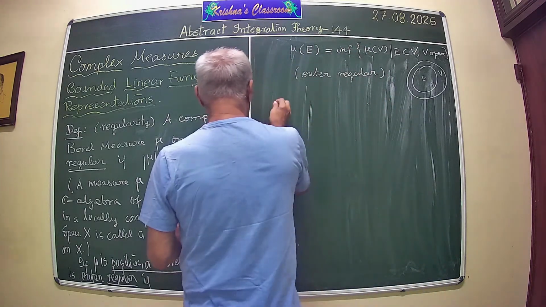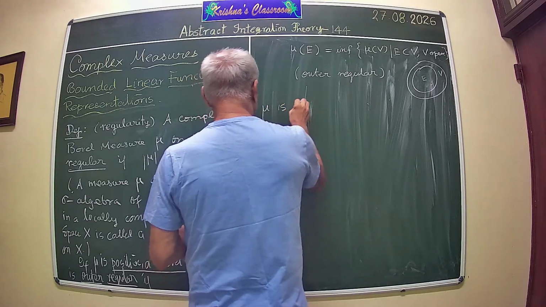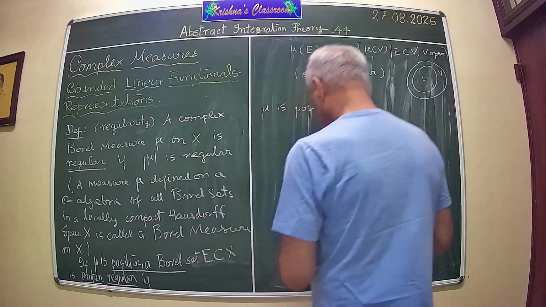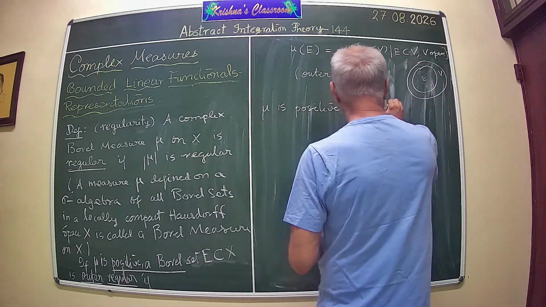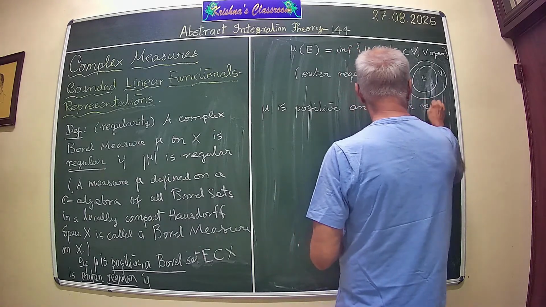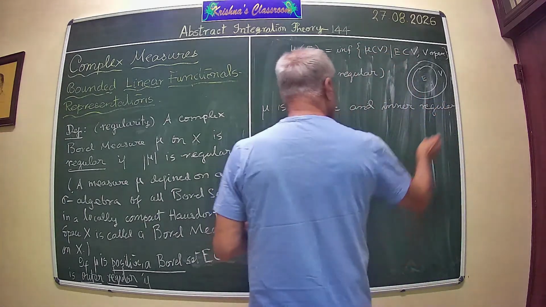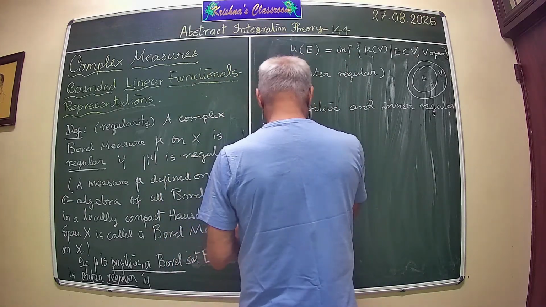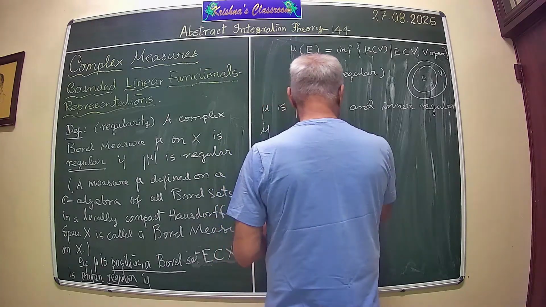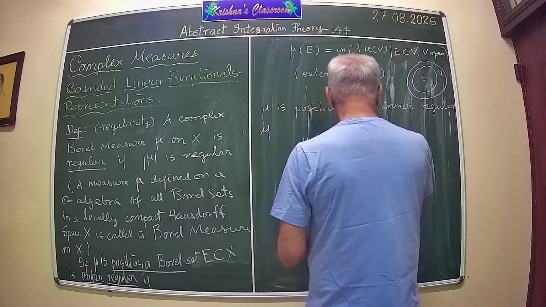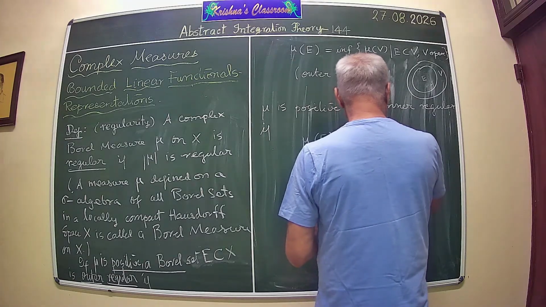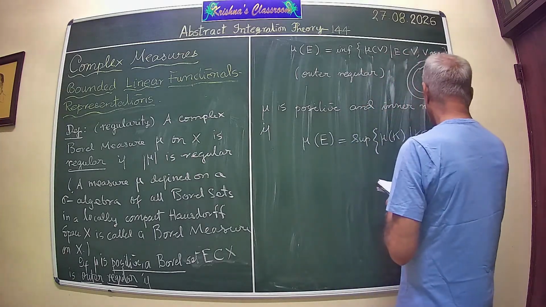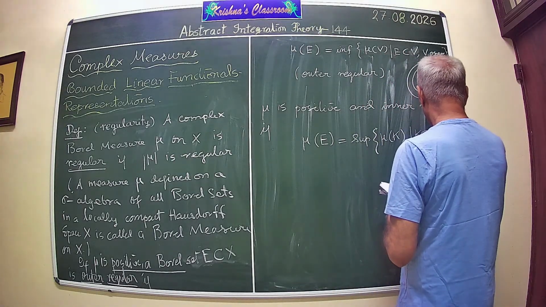And mu is said to be inner regular if mu of E is the supremum of mu of K, K compact.